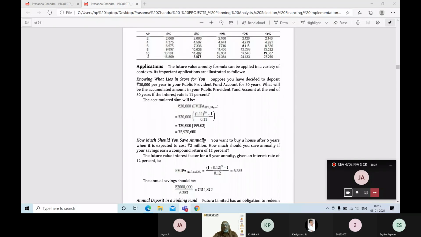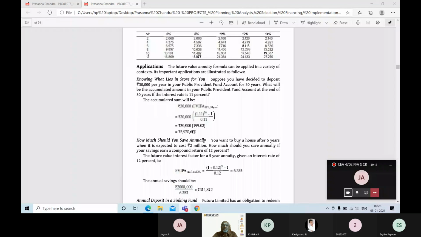So the accumulated sum will be 30,000, the deposit per year in your public account, into ((1.11) to the power 30 minus 1) divided by R. This formula you have to simplify, and it becomes 59 lakhs 70,600, like that.